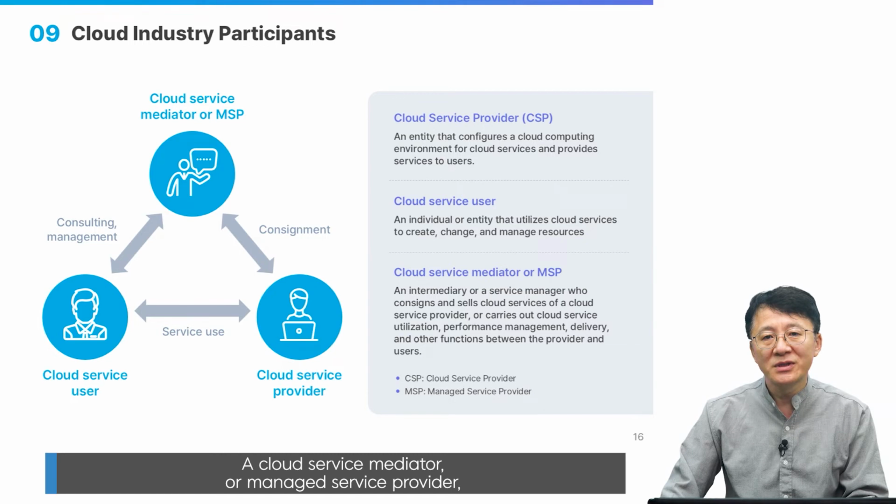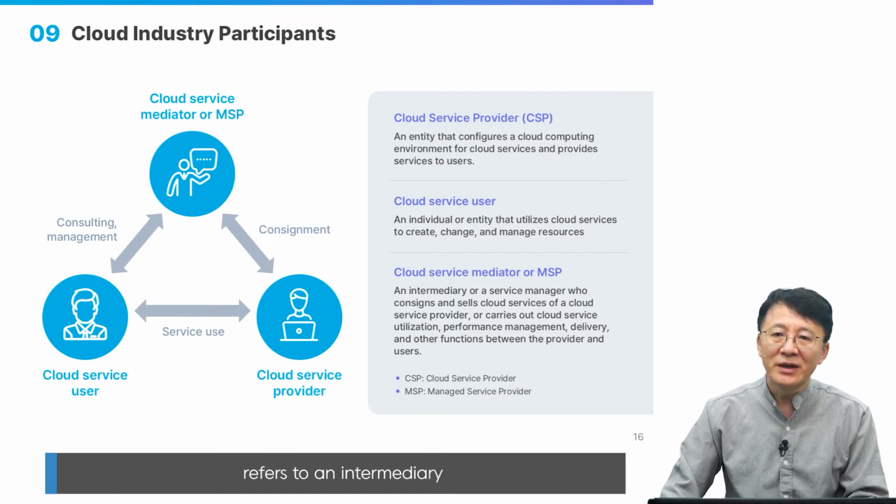A cloud service mediator or managed service provider refers to an intermediary that entrusts and sells cloud services of a cloud service provider or performs the roles of utilization, performance management, and the delivery of cloud service between a provider and a user.